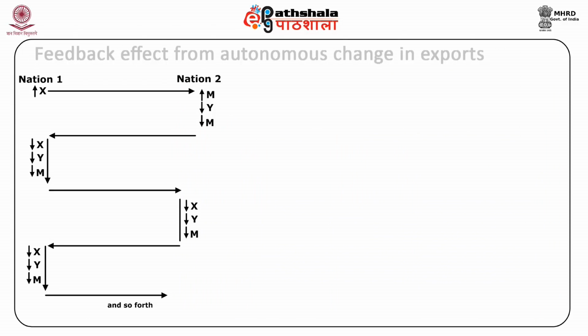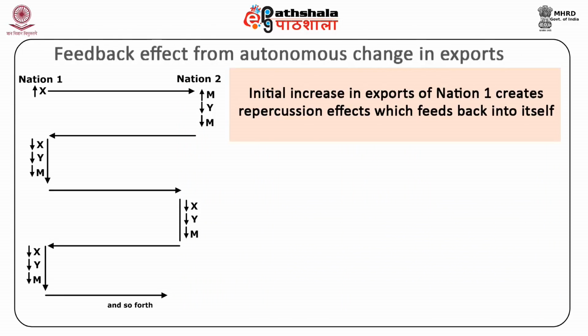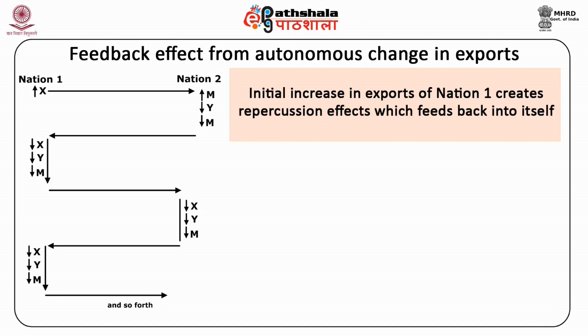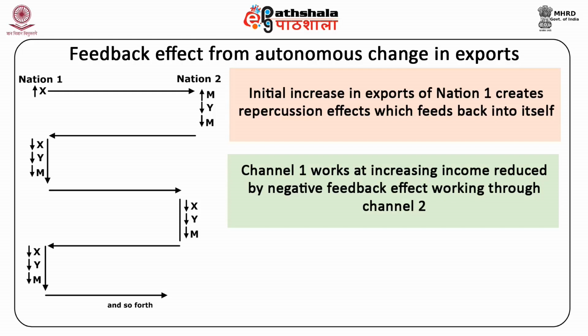It is seen that an initial increase in exports of nation 1 creates repercussion effects which feed back into itself. Channel 1 works at increasing income, which is reduced by the negative feedback effect working through channel 2. The final effect is summarized in the following value of multiplier.